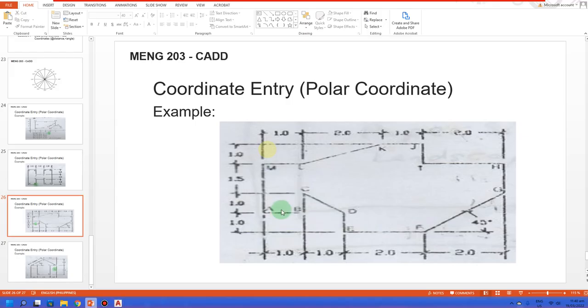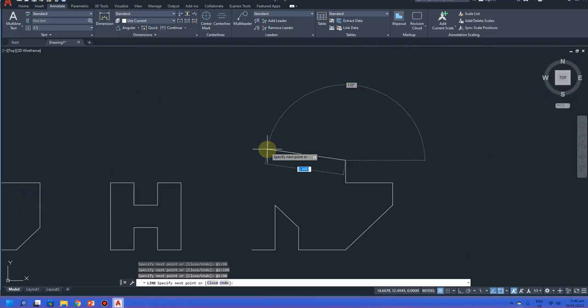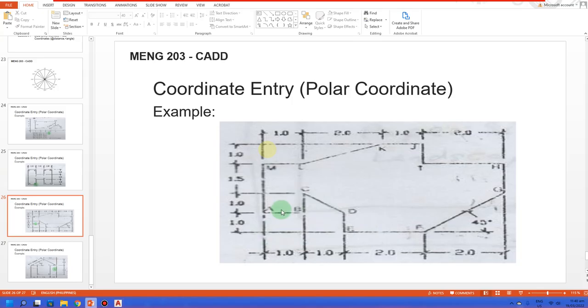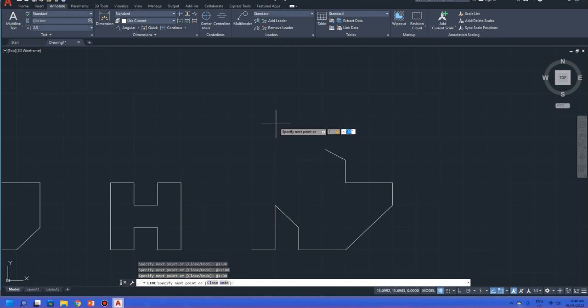Okay, the distance is 1, angle is 225, I guess.